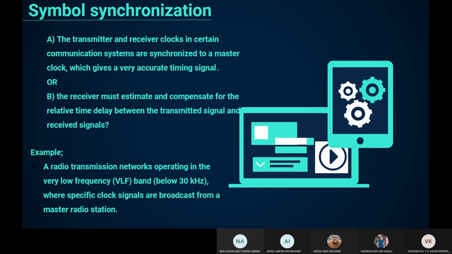For example, a radio transmission network operating in the very low frequency, which is the VLF band, below 30 kilohertz, where a specific clock signal is broadcast from a master radio station. For the transmitter, we simultaneously transmit the clock frequency, which is 1 over T, or a multiple of 1 over T, along with the information signal.